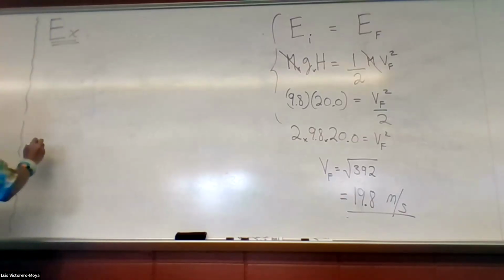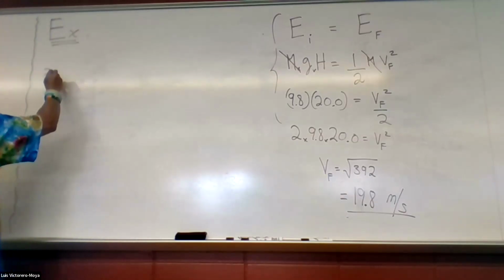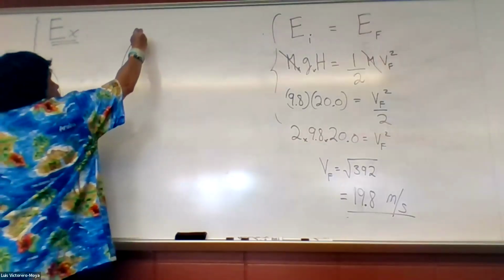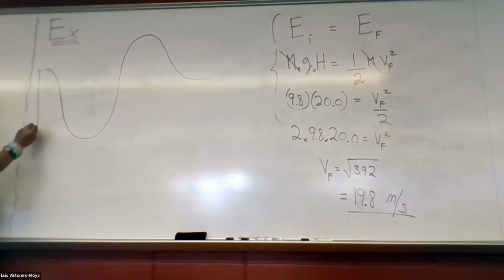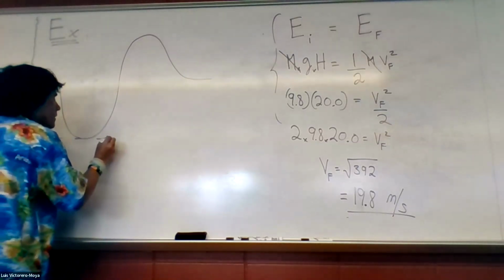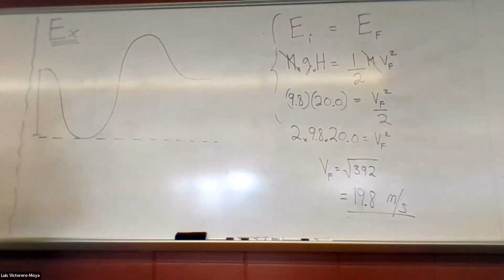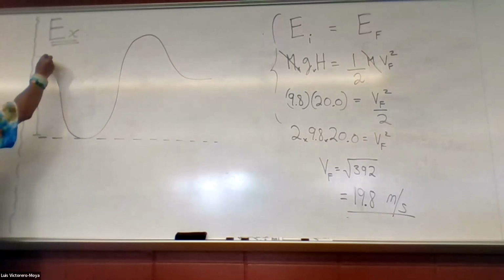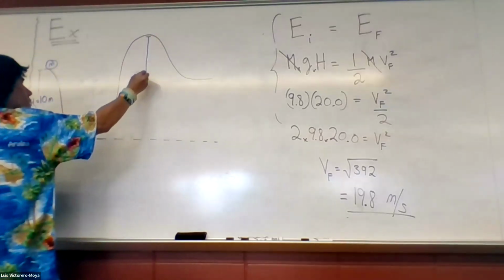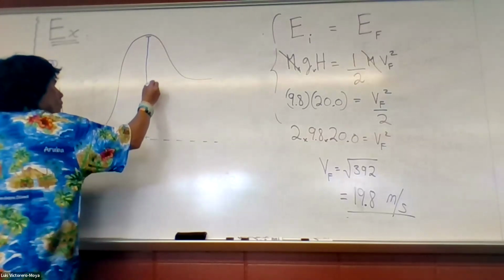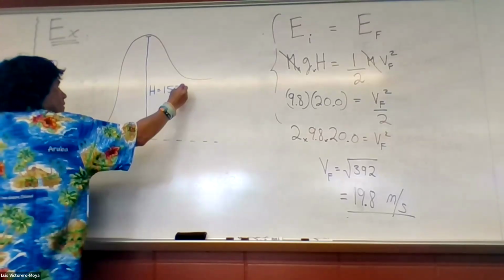So an example will be that. You have a mass M. Let's make H1 10 meters. And this 15 meters.